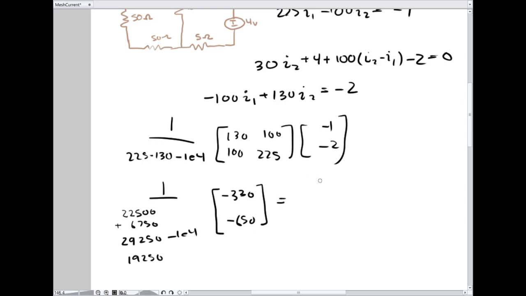So this ends up being minus 33 over 1925 divided by minus 65 over 1925. And then you go, okay, is 1925 divisible by 11 or 3? And it's not divisible by 3 quite, but it is divisible by 11.